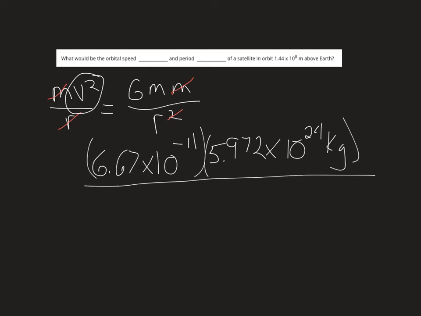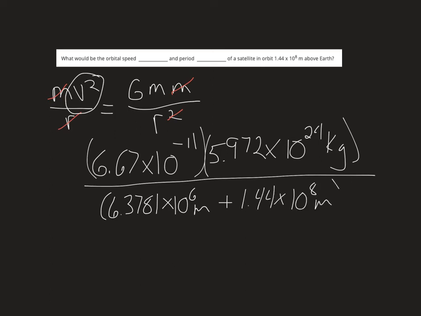So we need to add the radius of the Earth plus this height above it: 6.3781 times 10 to the 6th meters plus 1.44 times 10 to the 8th meters.